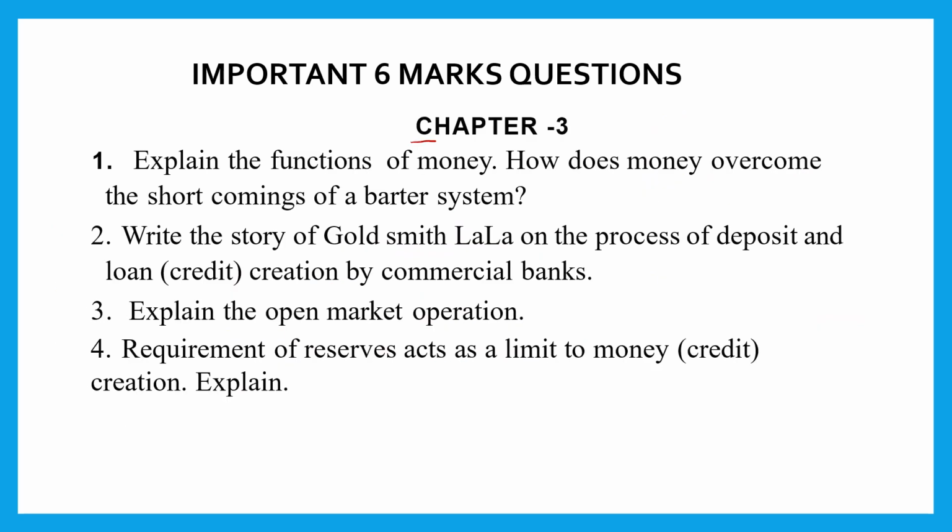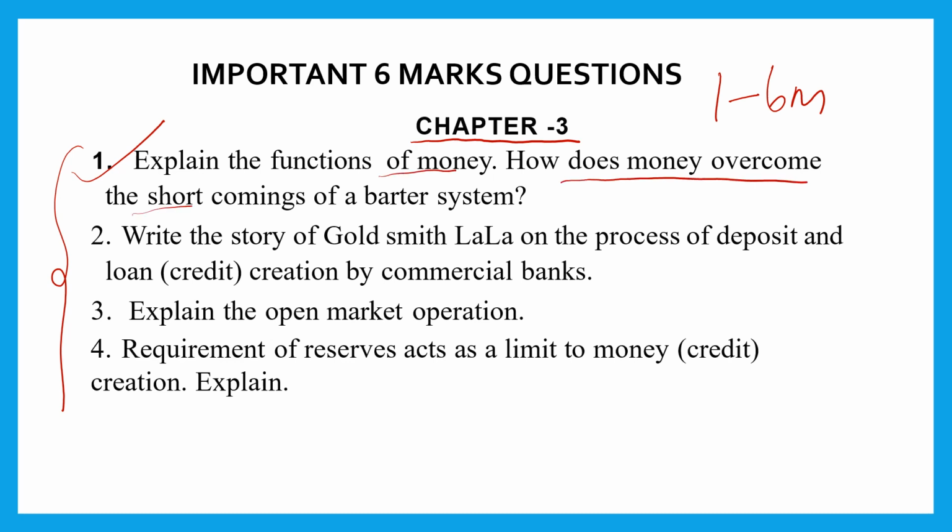And from macroeconomics chapter 3, that is money and banking, from this chapter you can expect one 6 mark question. There are 4 important questions. First one is money, that is, explain the functions of money. How does money overcome the shortcomings of barter system?